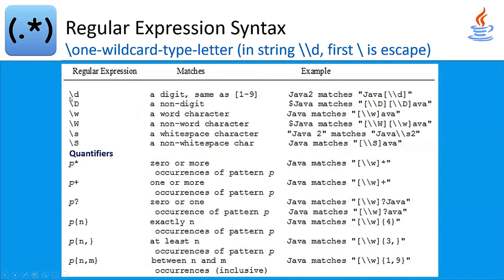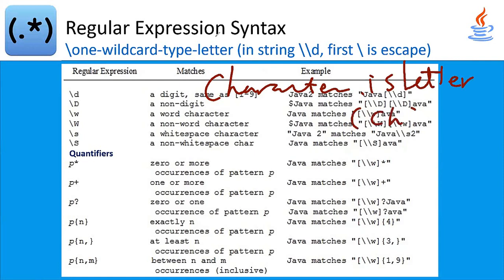And here we have backslash D means all digits. Backslash capital D means non-digit, anything but digit. Okay. So here actually, if you think about this, we have some function called character is letter, right? Now we'll check a certain character whether it's a letter or not.